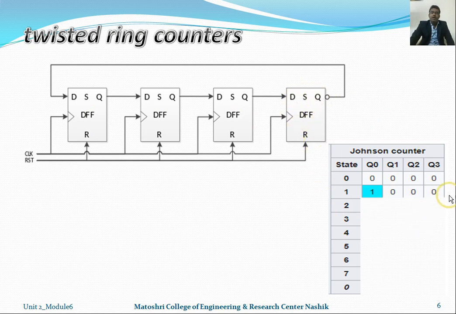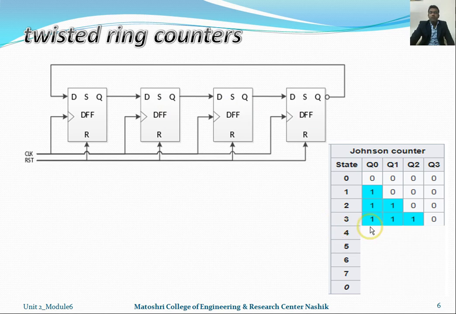Again, the last flip-flop Q3 stores the value 0, so it generates the complemented output as 1. This is available at the input of the first flip-flop. So for the next clock pulse, the 1 value is stored again, and the previous 1 stored in the first flip-flop is shifted to the second flip-flop, and similarly it keeps shifting.